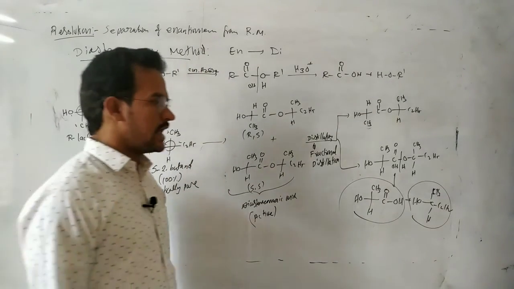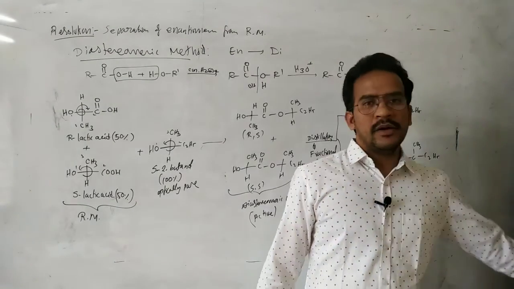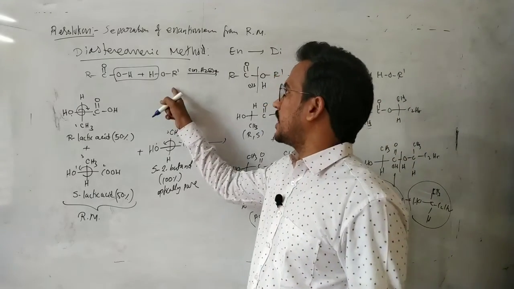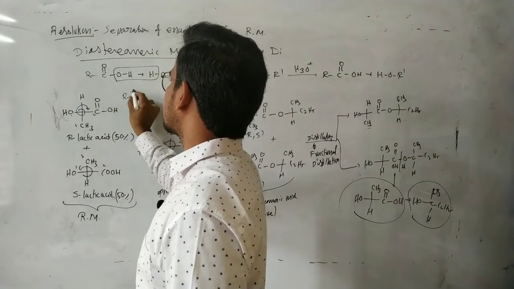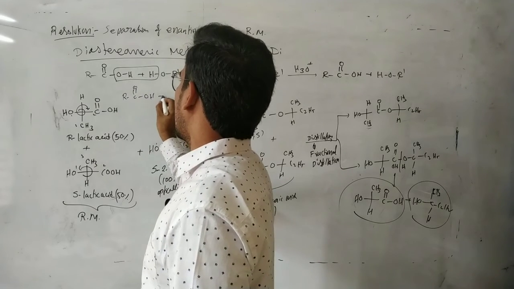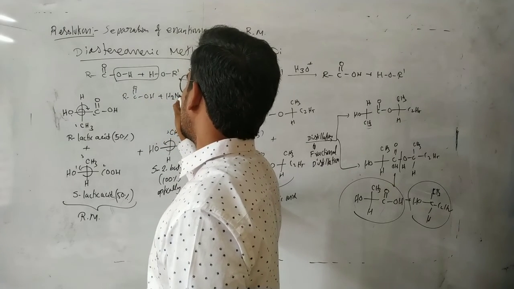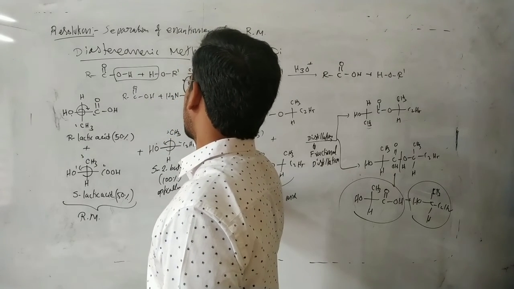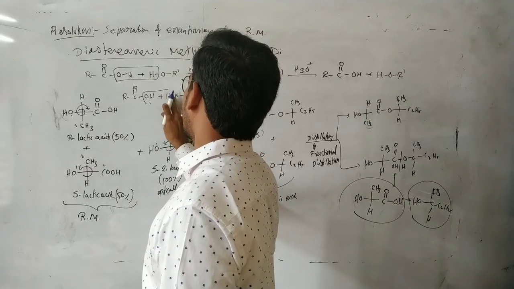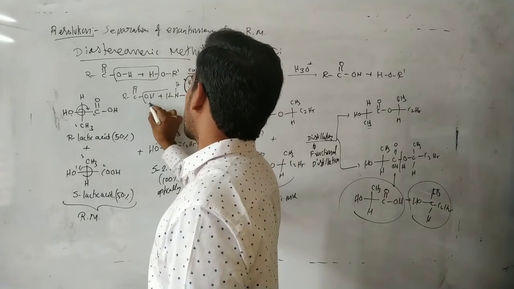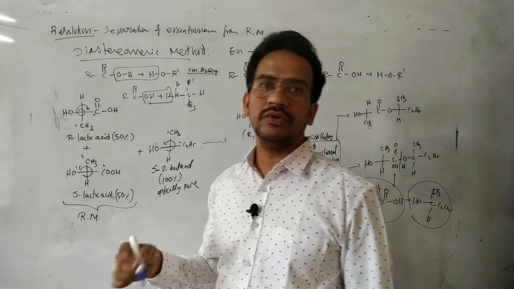Now in this case, in place of the alcohol we can take the amine also. Suppose the carboxylic acid reacts with optically active R1, hydrogen, R3, optically active amine, or optically pure amine.